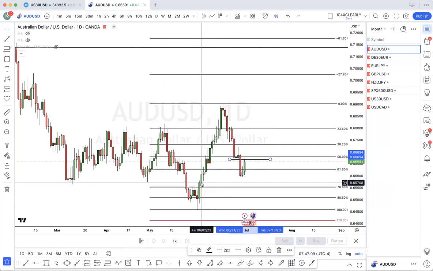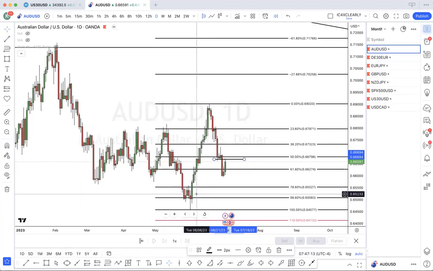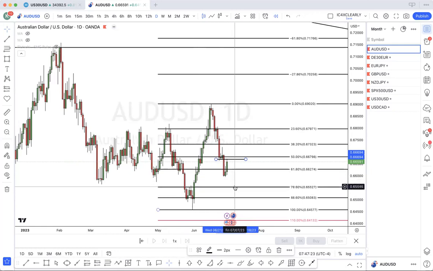There is more imbalance, and there's also an order block. So price could sell back down to the 78, and then continue to the top side.